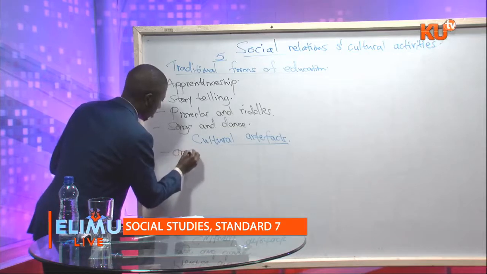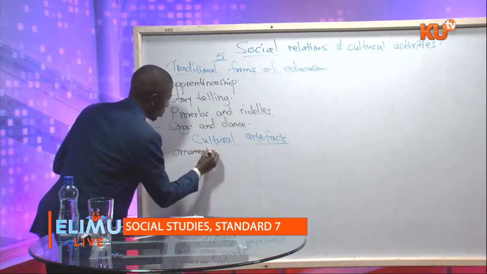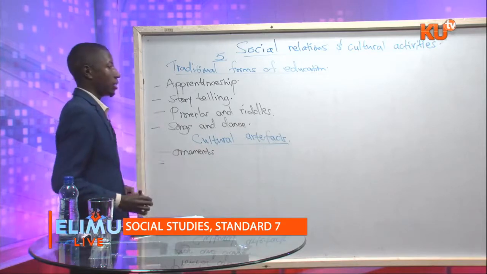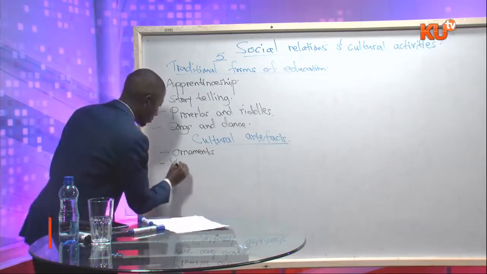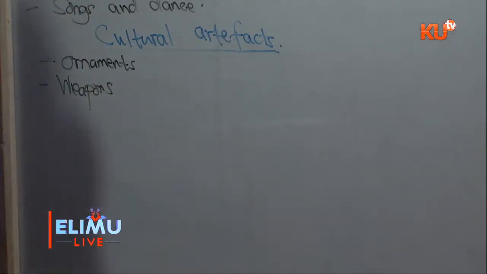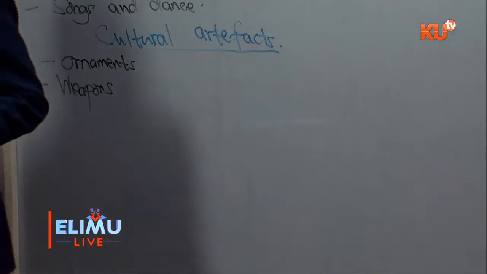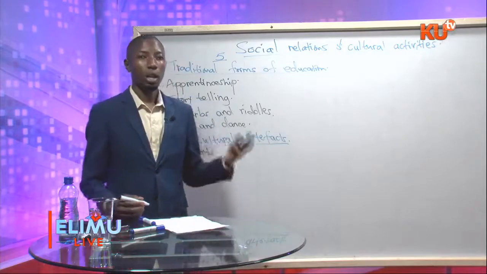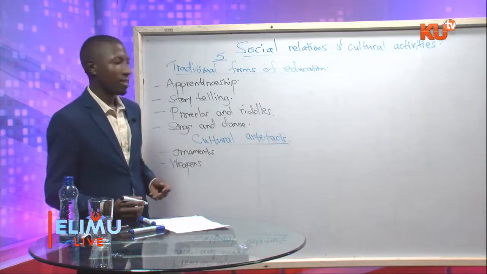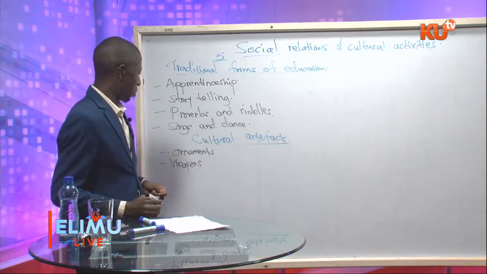Ornaments, which were known for given communities. You learned other cultural artifacts like weapons. For example, the skill of blacksmithery was used to make weapons for warriors in various communities. In case there were raids, they could use arrows to defend themselves.